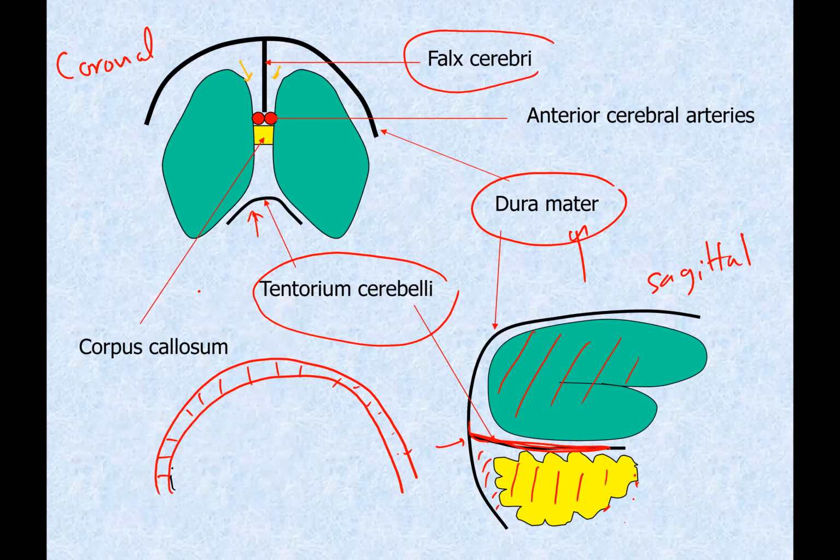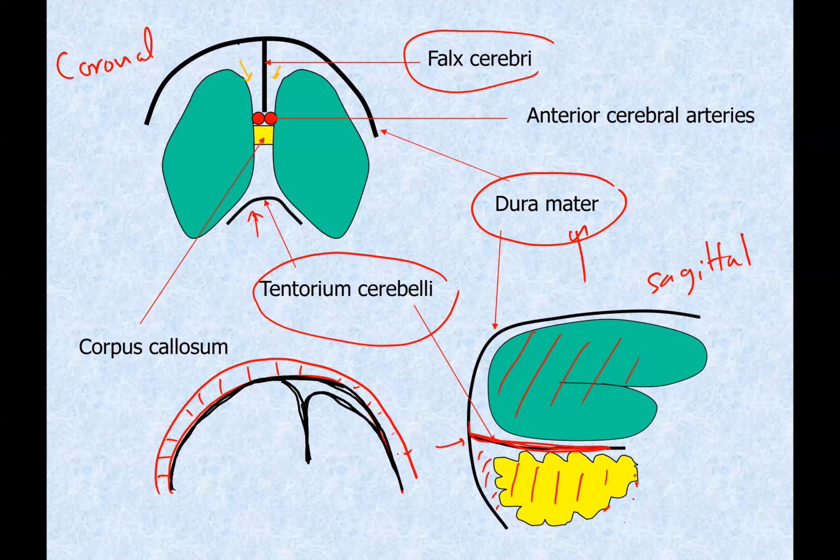If this is dura mater, which is firmly attached to the inner aspect of the skull, in certain places it gets separated out like this into two layers. One layer is attached to the bone, the other layer is on the side of the brain. It's not attached to the brain, but it's on the side of the brain.